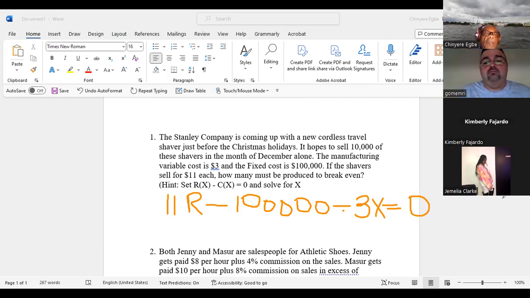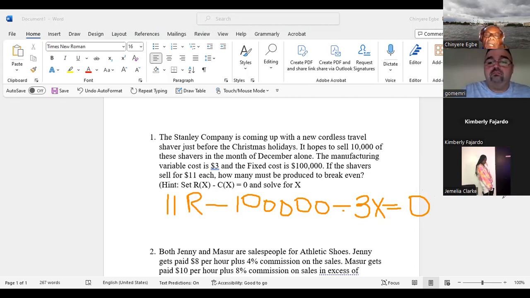Because at your break even, you make 0 profit, you make 0 loss. Okay? You're just even. This is why I call it break even. You're just even. Okay? No profit, no loss. So that gives you the minimum quantity.